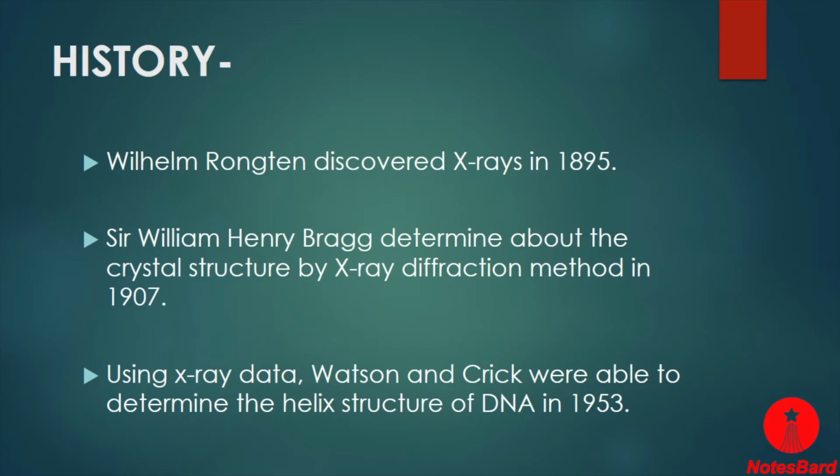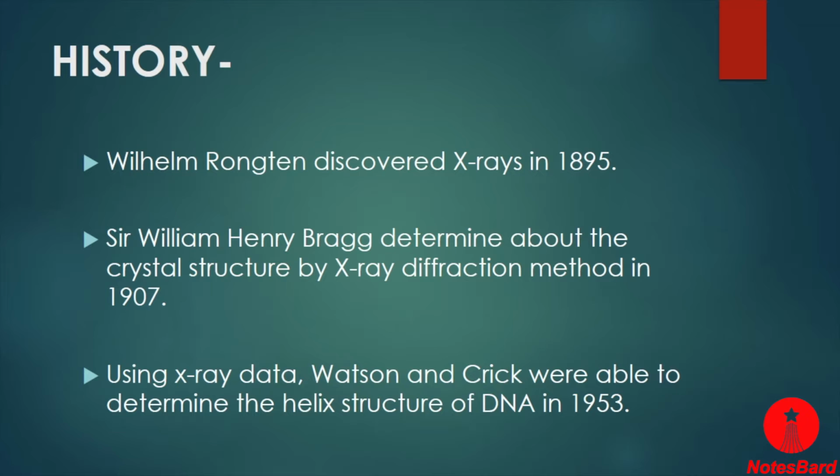Before the X-ray diffraction method, a scientist named Wilhelm Röntgen discovered X-rays in 1895. Before this, physicists all over the world were uncertain of the nature of X-rays, but after that they suspected that X-rays were also a type of wave of electromagnetic radiation, a form of light.